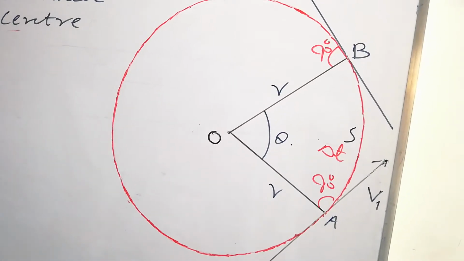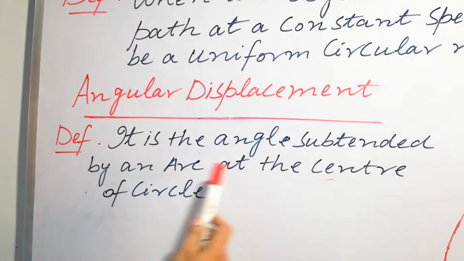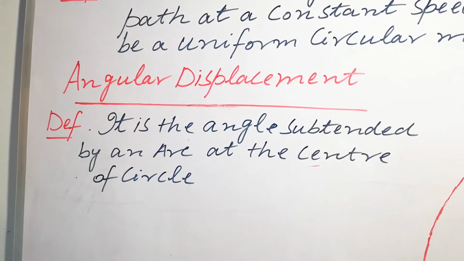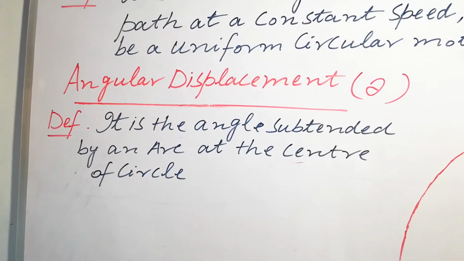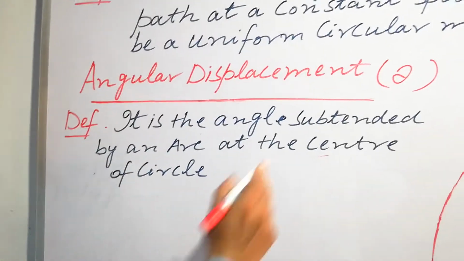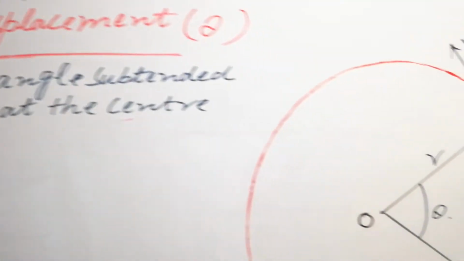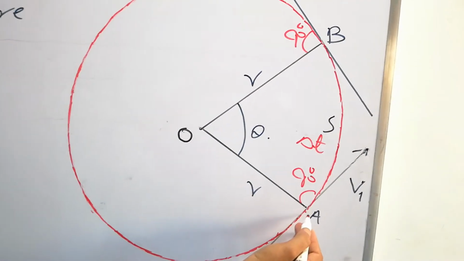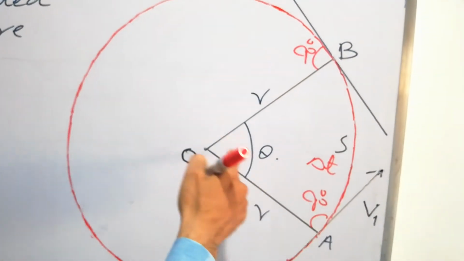Now what is angular displacement, students? Angular displacement is the angle subtended by an arc at the center of the circle, and it is denoted by theta. Look at the definition again: it is the angle subtended by an arc, the arc from A to B, a curved path, at the center of the circle.